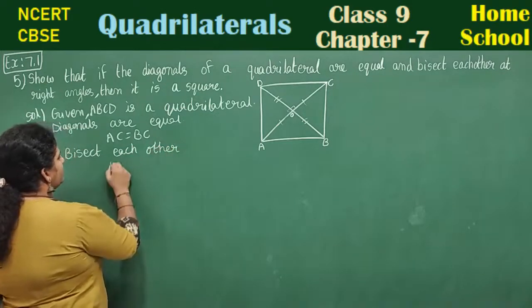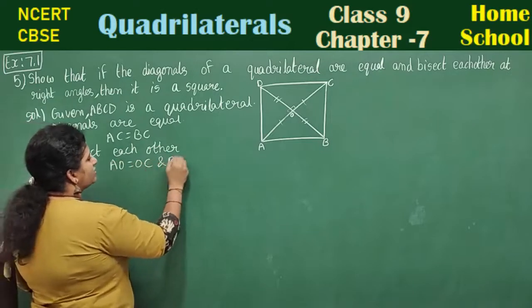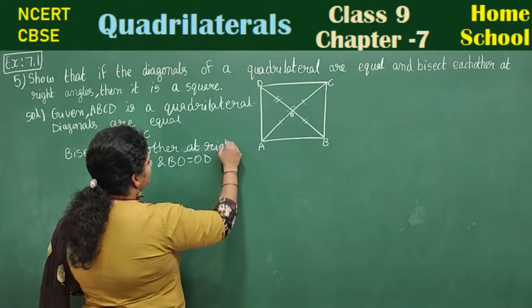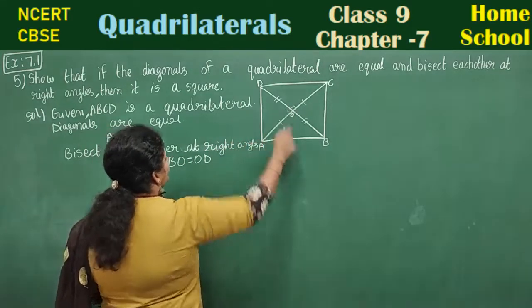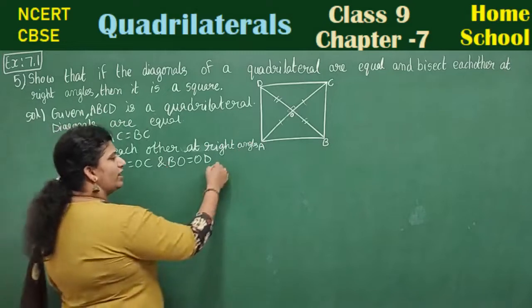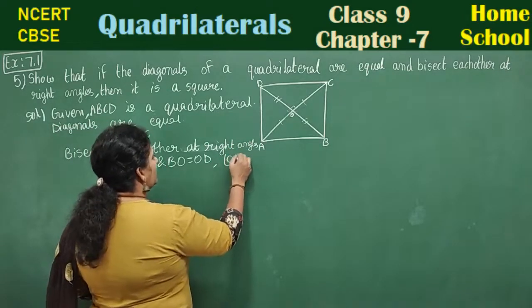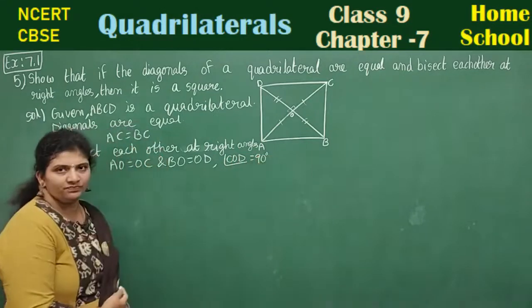That means AO is equal to OC and BO is equal to OD, at right angles. Means you can say that the angles are 90 degrees. If you want, you can write only one angle or all the angles also. I may take any one angle. Angle COD is equal to 90 degrees.